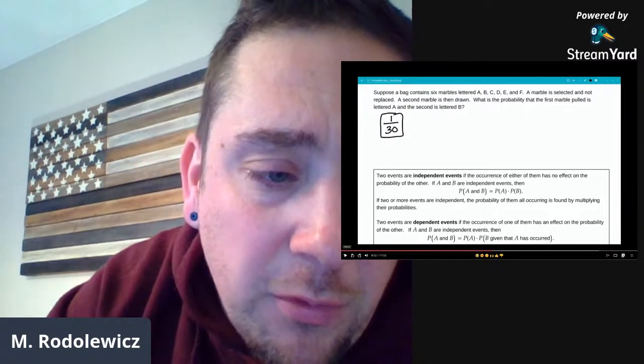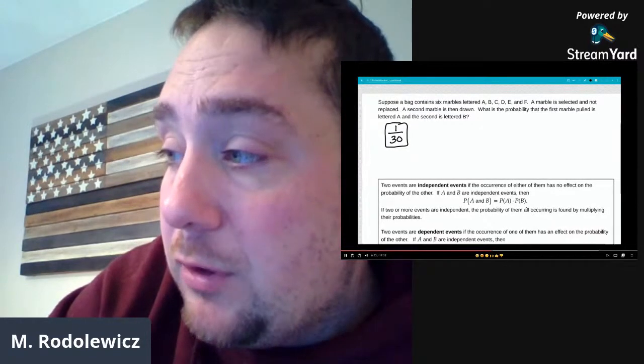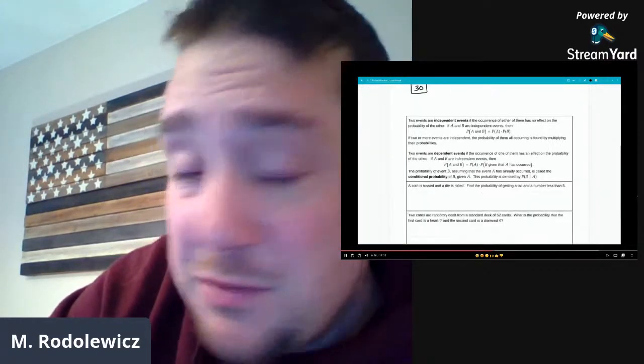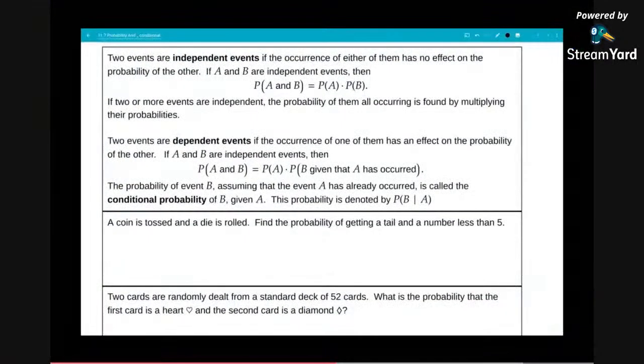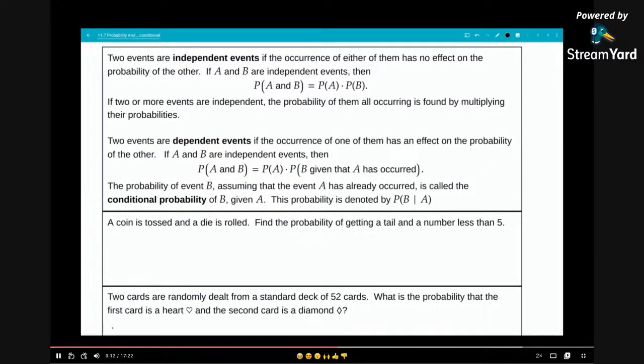So with no further ado, the main ideas we've looked at so far are spelt out in boring math language here. No, I'm just kidding. 2 events are independent events if the occurrence of either of them has no effect on the probability of the other.